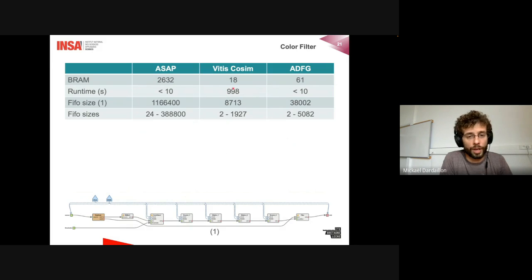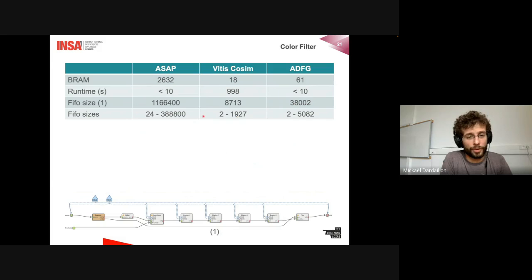Here we can see the runtime. We are reaching, I think, 1.5 hours to simulate this graph, which is not that difficult. Not 1.5 hours, but a large amount of time. And for the main FIFO size, we have a factor of 3, 4, once again, in terms of dimensioning.